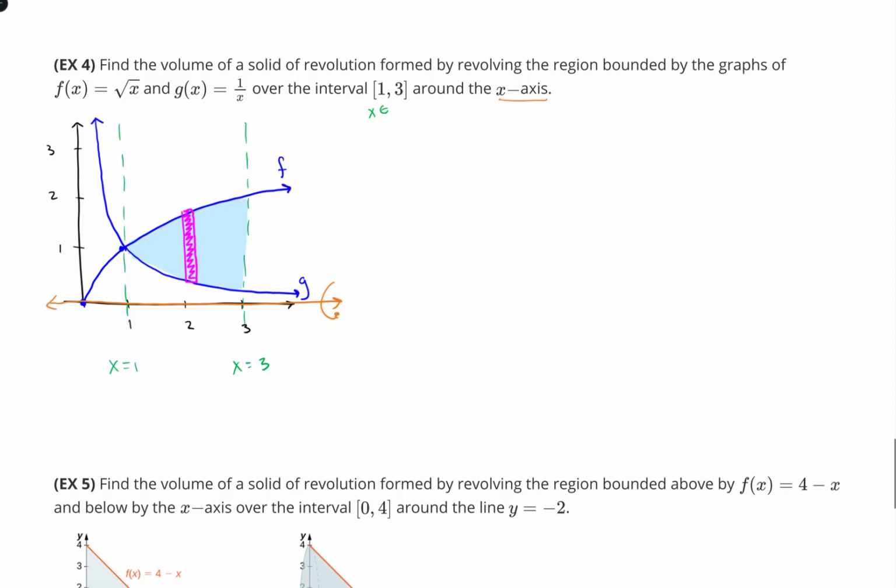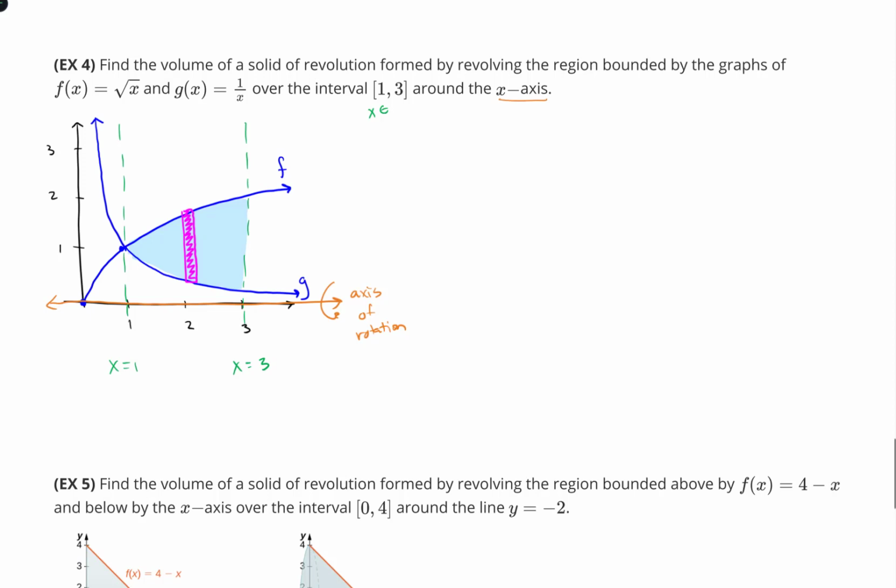Now, the way that this will work, we have to set this up so that we'll get a positive answer in the end. So since this is our axis of rotation, you'll decide on what's the inner radius and the outer radius depending on which is further away from the axis of rotation.